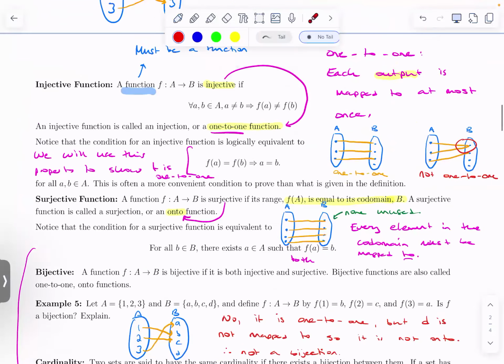Here. I did make a note. We're going to use this property to show f is 1-to-1. And so what we're going to do is use f of a and set it equal to f of b. If I'm able to unravel things and show that that means that a must be equal to b, then it's 1-to-1.